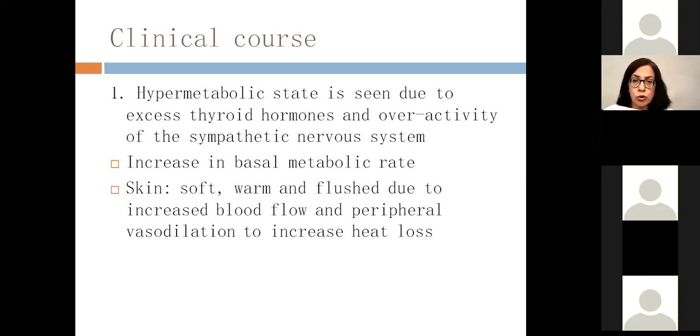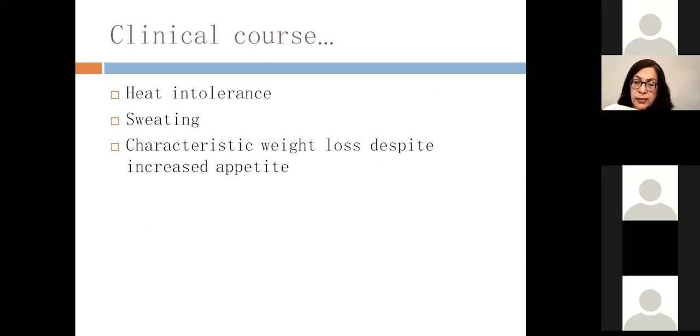There is heat intolerance, there is sweating, and there is characteristic weight loss despite increased appetite. We did this in diabetes also: two conditions in which there is weight loss but increased appetite. The patient is eating more, but is losing weight, in diabetes or in thyrotoxicosis.